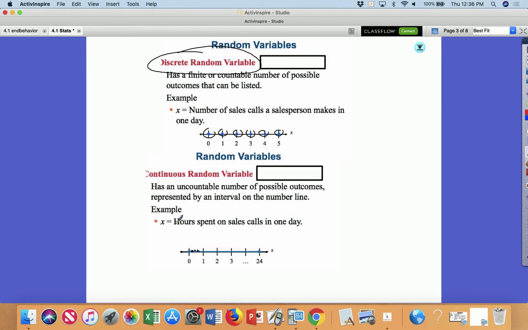You don't have to have just a single 1 hour sales call. You could have any fraction. So that's a continuous type of variable. Again, we're only going to be working with a discrete situation where you can actually list the values of the variables and then find the appropriate probabilities.